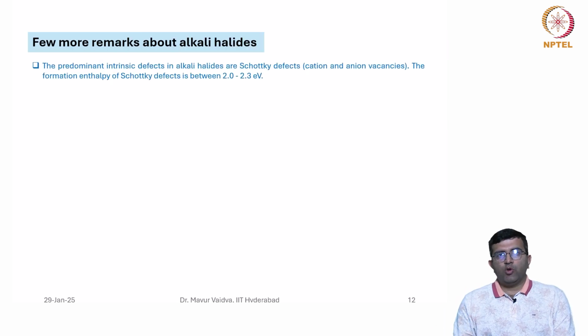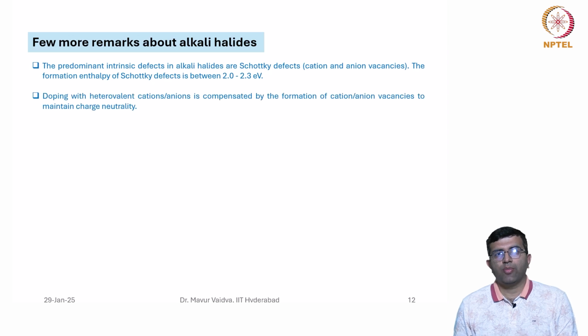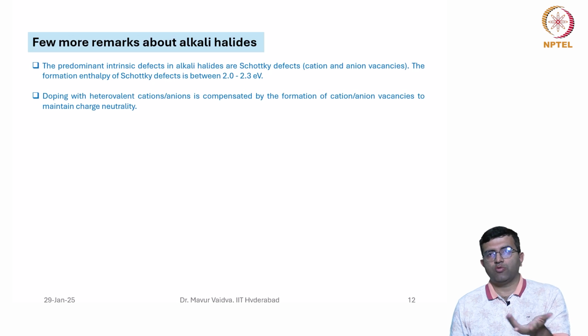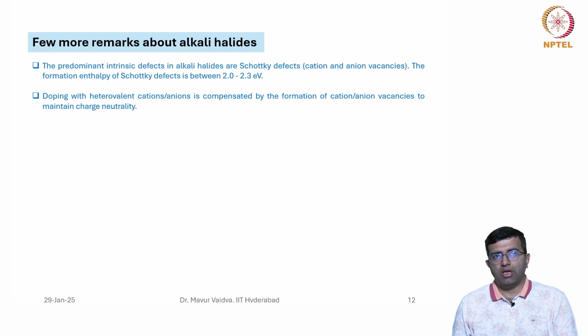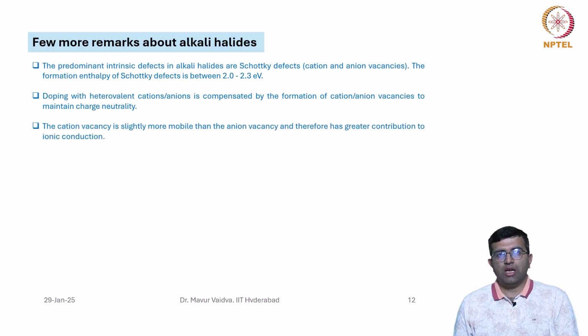We will end with a few remarks about the alkali halides. Some of them we already mentioned, like the predominant intrinsic defects are the Schottky defects, and the formation enthalpy of these defects is between 2 to 2.3 electron volt. The doping with heterovalent cations or anions is compensated by the formation of the respective cation or anion vacancies to maintain charge neutrality.